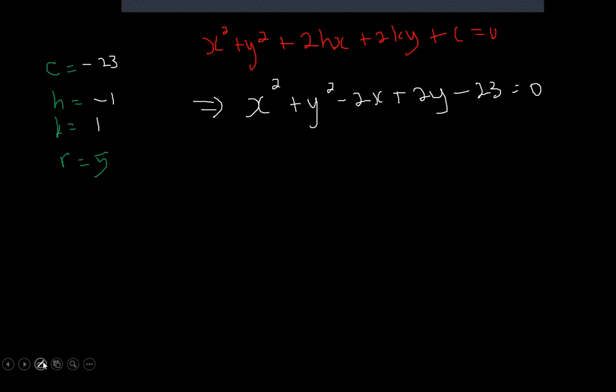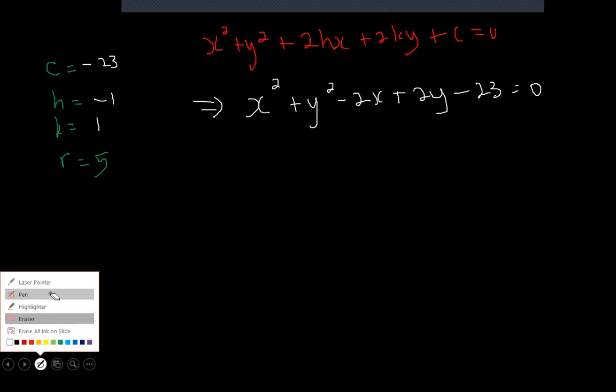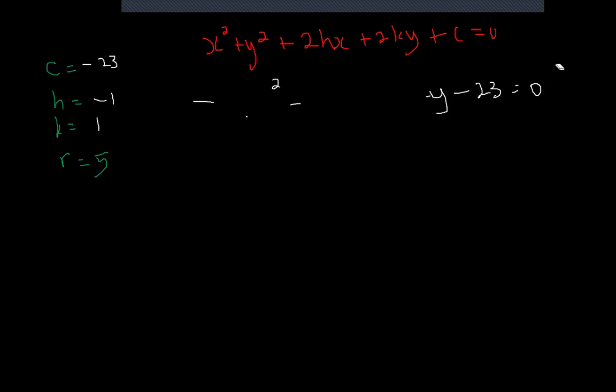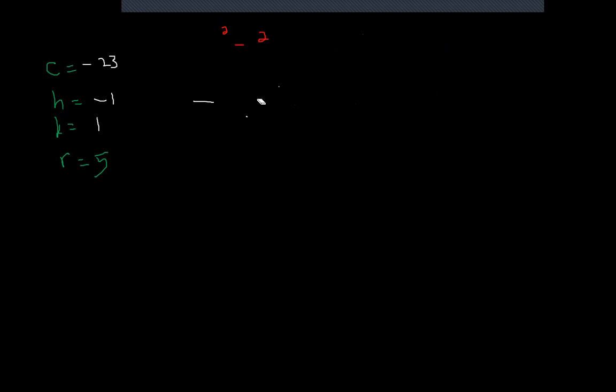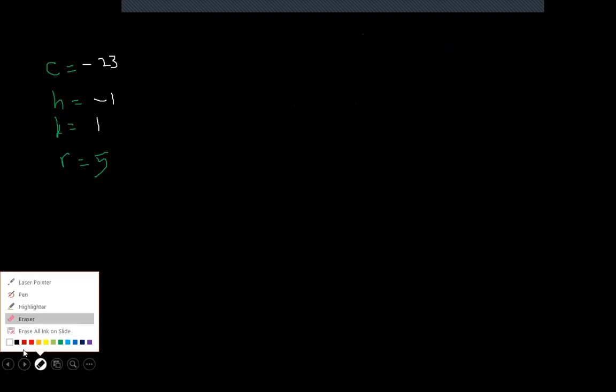Right, so that was the first way. The second way you could do this, you could start off by writing the standard form. So first you could find the standard form, and recall that the general form is just an expanded version of the standard form.